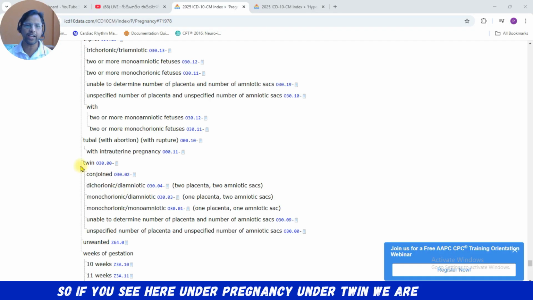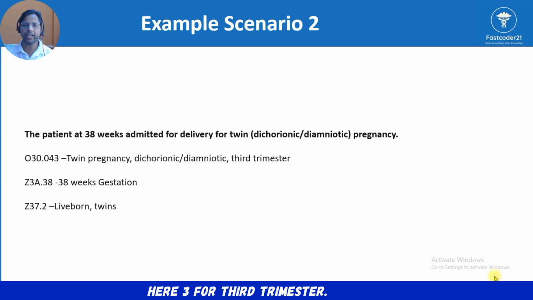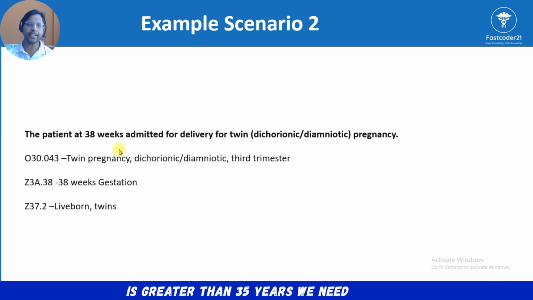So if you see here, under pregnancy, under twin, we are having dichorionic, diamniotic, O30.04, here 3 for third trimester. And also as we have learned previously, if the patient is greater than 35 years, we need to code one separate code for high risk pregnancy.